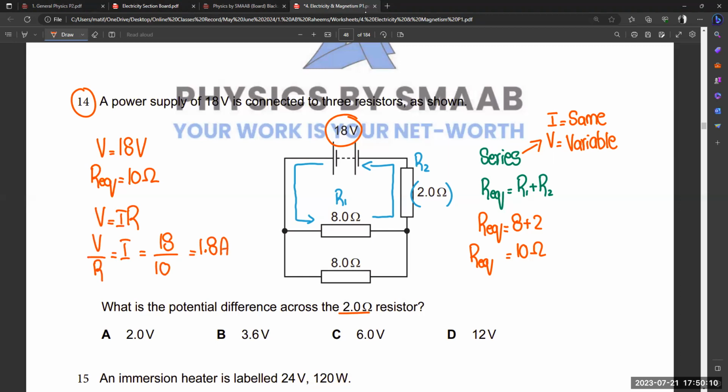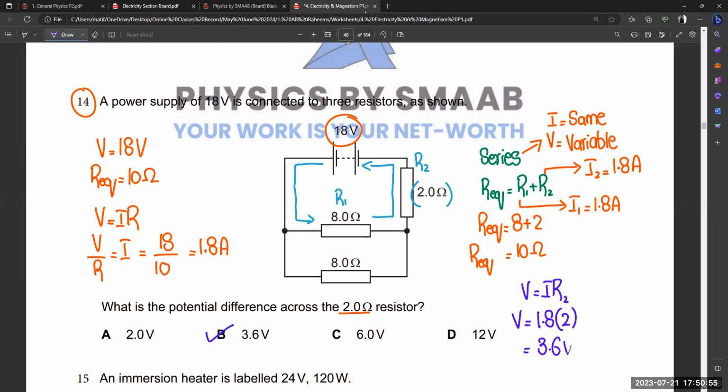Current will remain the same for both, so it is the same for R1, that is 1.8 ampere, and the same goes for R2, 1.8 ampere. Now you can easily find the final value of voltage which is mentioned in the question. So V equals I times R2, that is 1.8 ampere times 2 ohm, so you will get the answer 3.6 volts.